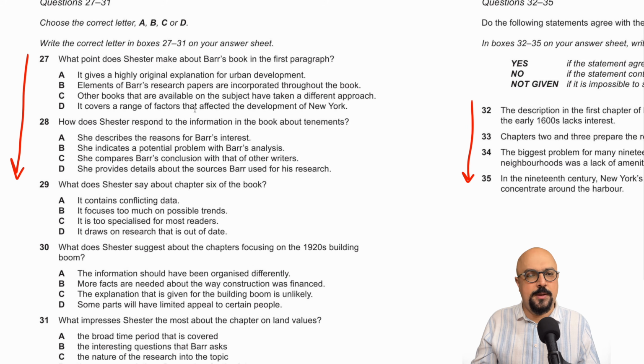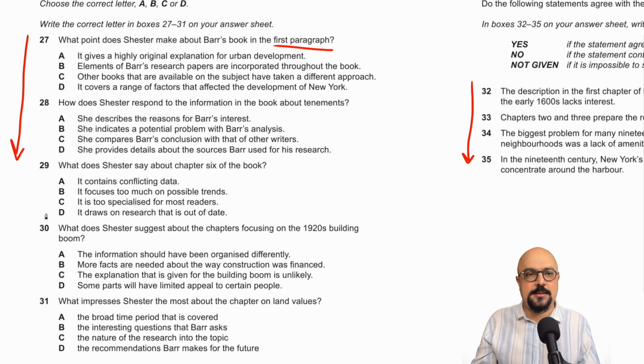Well, we have the reference to the paragraph numbers, like the first paragraph. So it's clear that this question will be from paragraph 1. We don't have to start with the first question. We should start with the one that takes us to the right place quickly. Now, the good news is these questions have chapter numbers and some keywords like this number or the idea of land values.